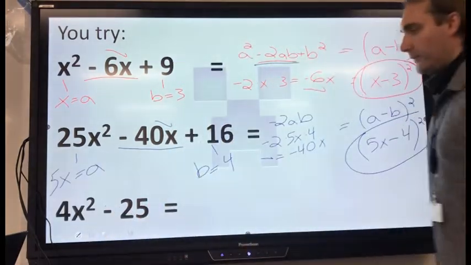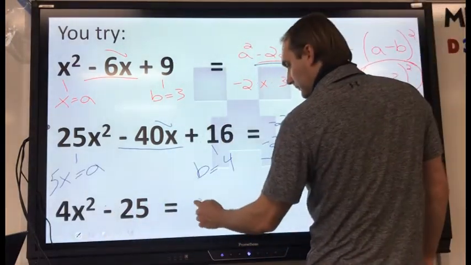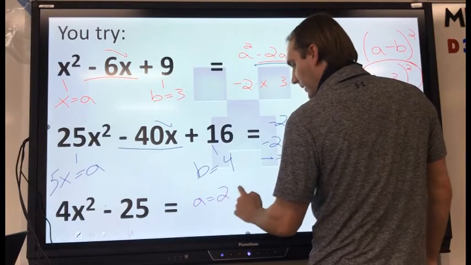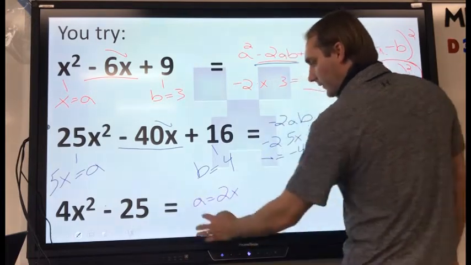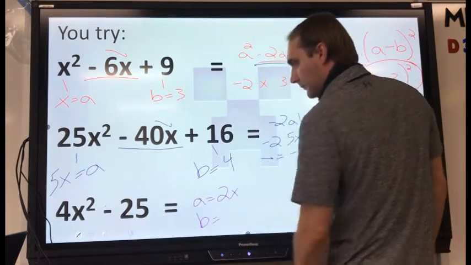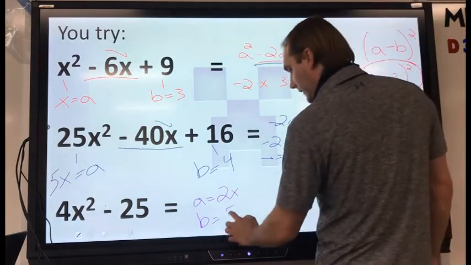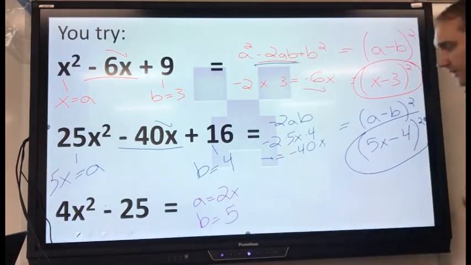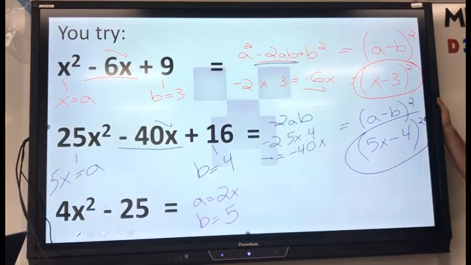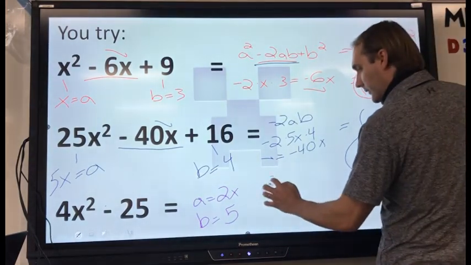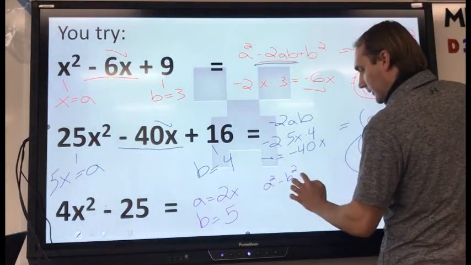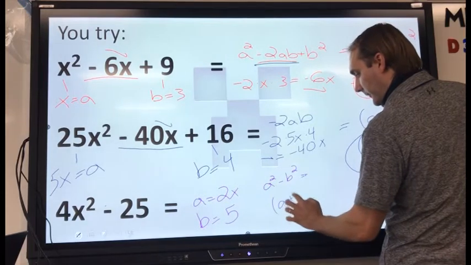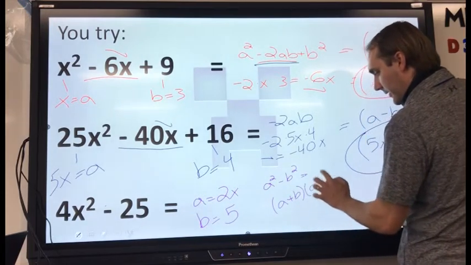Last but not least, 4x squared. What's my a value? 2x times 2x is 4x squared. And what's my b value? 5. 5 times 5 is 25. Now which formula does it fit under? First one, where a squared minus b squared equals (a plus b)(a minus b).